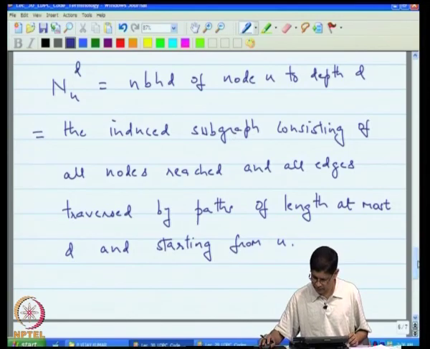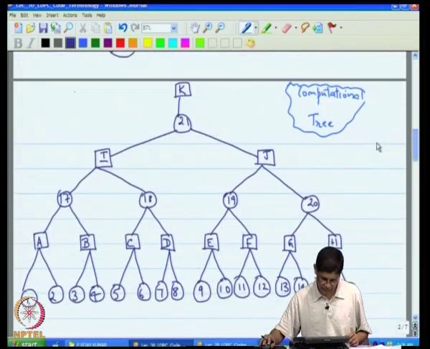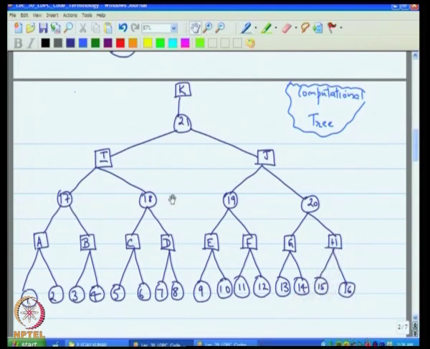So, let me see if I can illustrate this last definition here. We did that once earlier, let me just repeat. If you are talking about the neighborhood of node 18 to depth 1, as I pointed out a short while ago, that includes all nodes that are reachable by paths of length at most 1. So, that is 1, 2, 3, 4, and all edges traversed along those paths. So, this collection forms the neighborhood of 18.